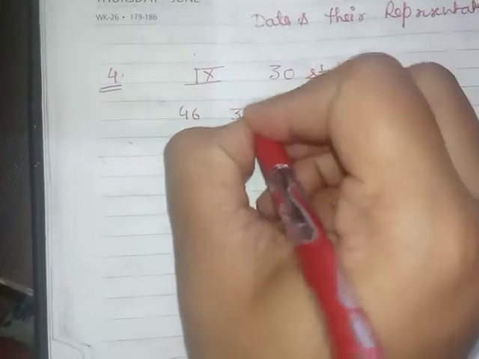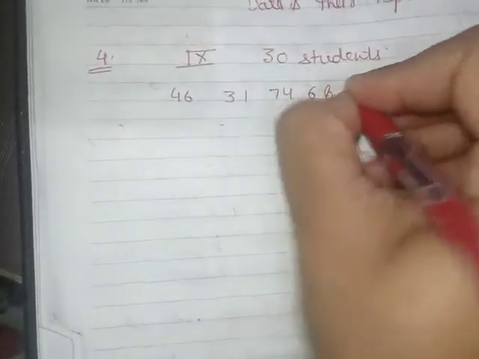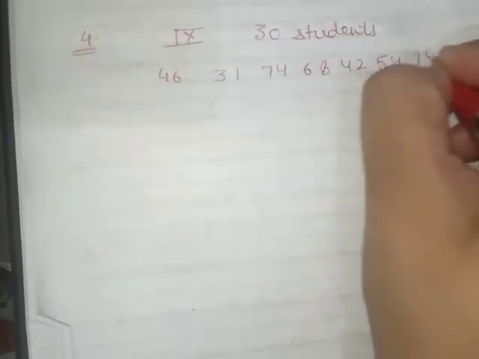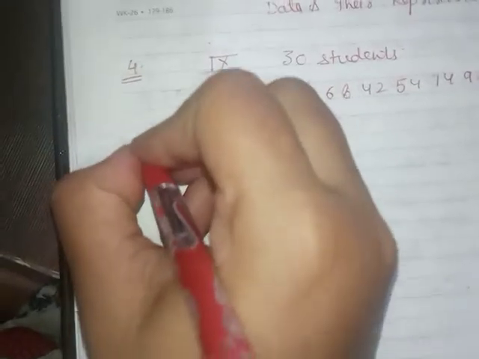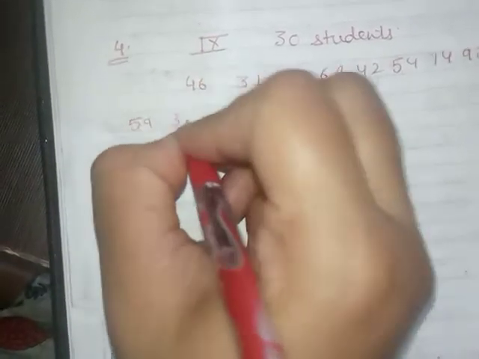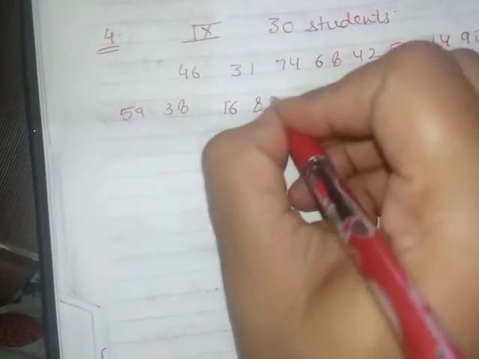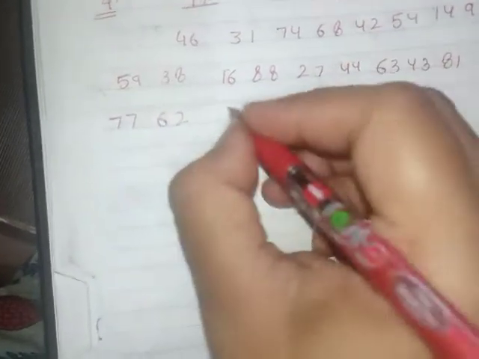The marks are 46, 31, 74, 68, 42, 54, 14, 93, 72, 53 and 59, 38, 16, 88, 27, 44, 63, 43, 81, 64 and 77, 62, 53, 40, 71, 68, 68, 50 and 58.